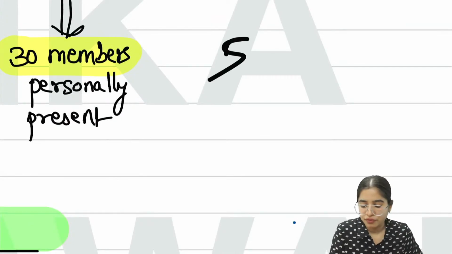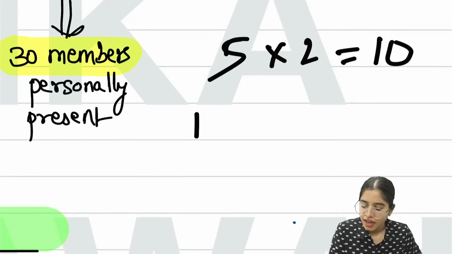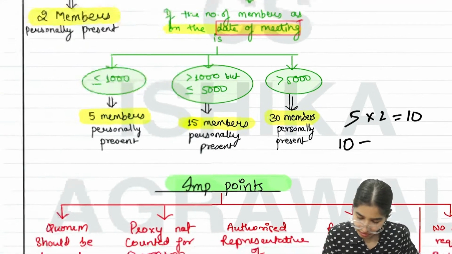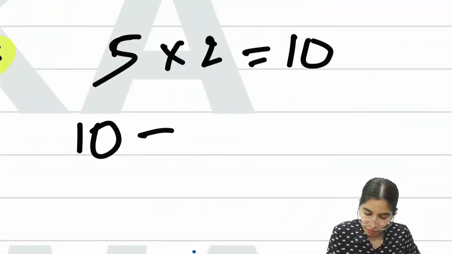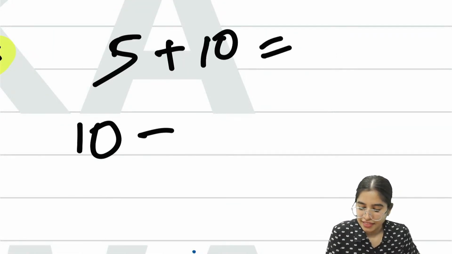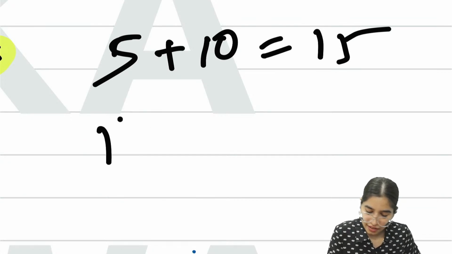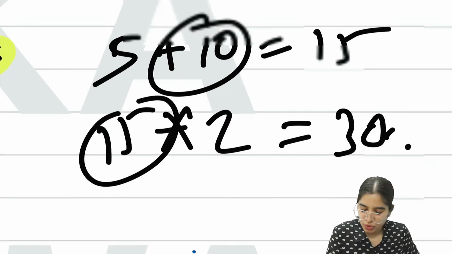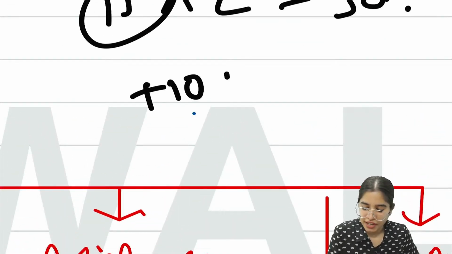Just remember 5, then plus 10, that is 15, and then 15 into 2, that is 30. So remember just plus 10 into 2.